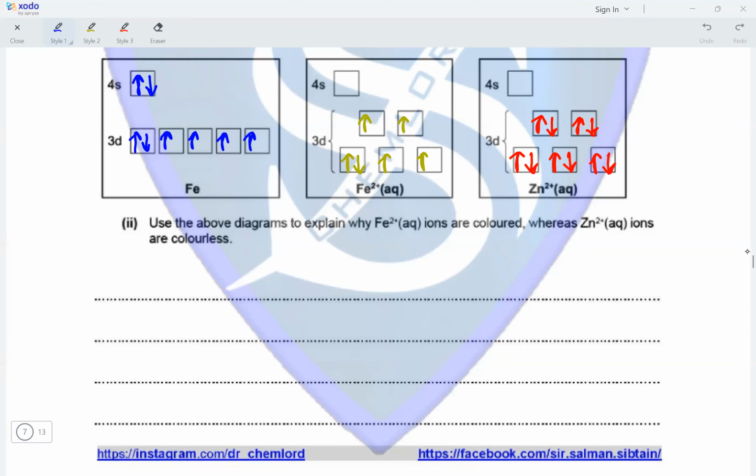Use the above diagrams to explain why Fe2 plus ions are colored, whereas Zn2 plus ions are colorless.